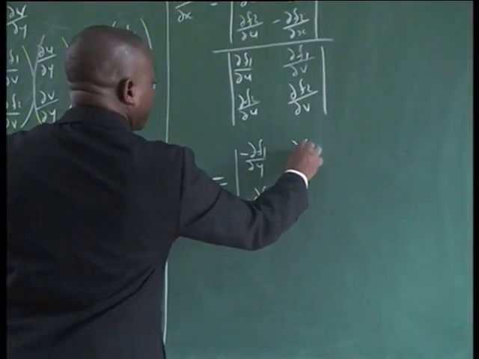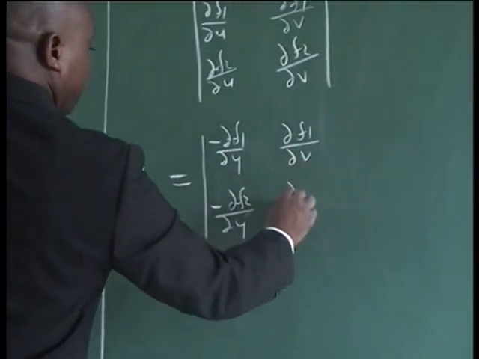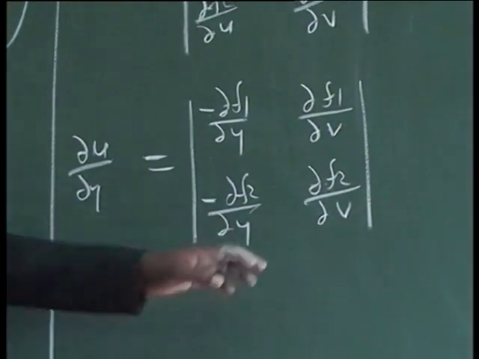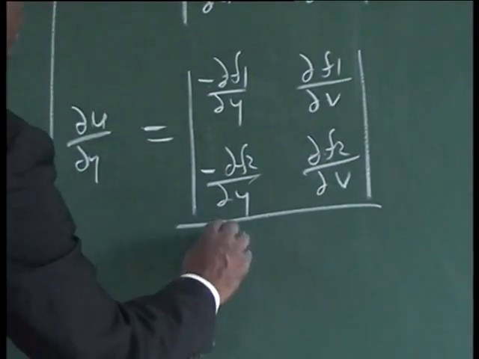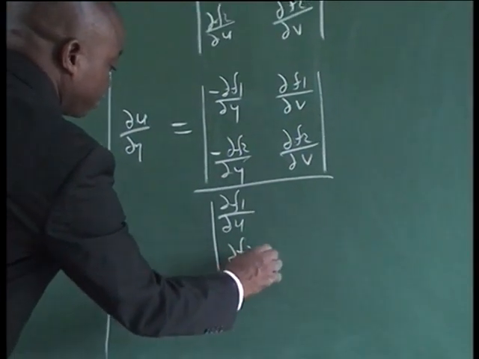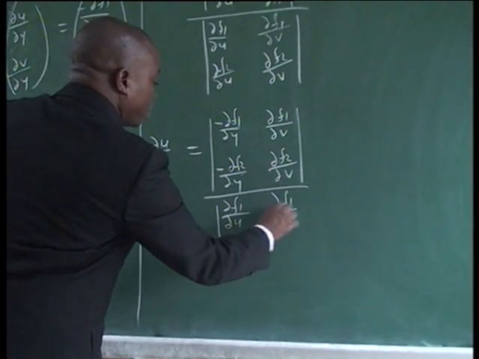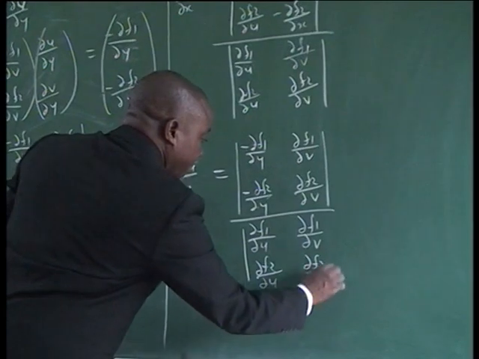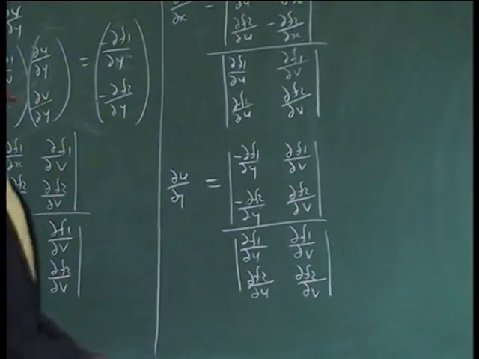Then we have partial f1 partial v, partial f2 partial v. So when you have that, we also divide it by the original determinant, which is partial f1 over partial u, partial f2 partial u, then partial f1 partial v, partial f2 partial v. So if you do this, you can also get this.